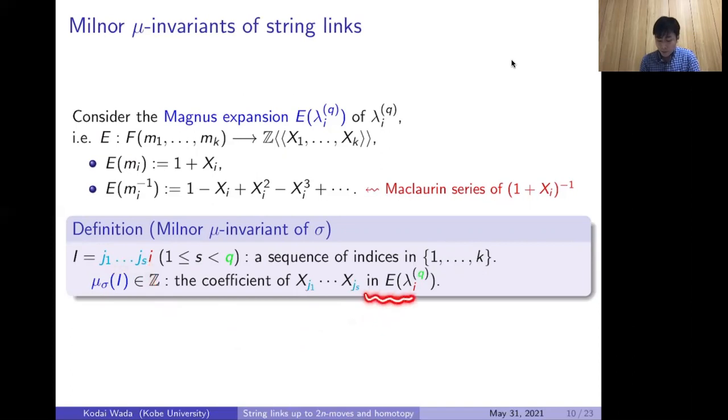In this Magnus expansion, the other indices j1 through js specify the monomial x_j1 through x_js. This is the definition of the Milnor mu invariant of sigma.